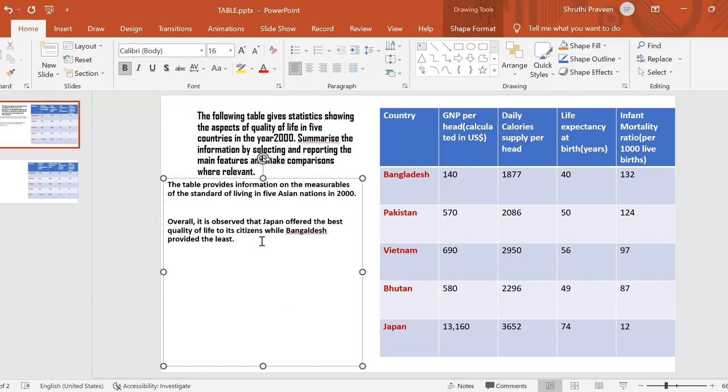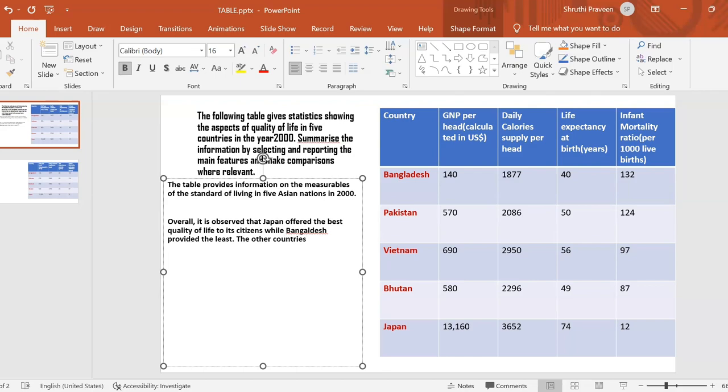Okay. Now, what do we observe? It's not enough to write one key feature in your overview paragraph. You can write more than that. The other countries, you don't have to write the names.